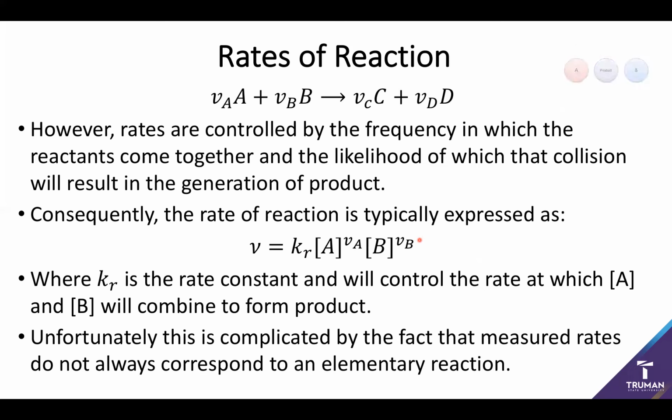So a good place to start when trying to determine rates of reaction is trying to figure out how I can more empirically determine A, my rate constant, and B, my order of reaction.